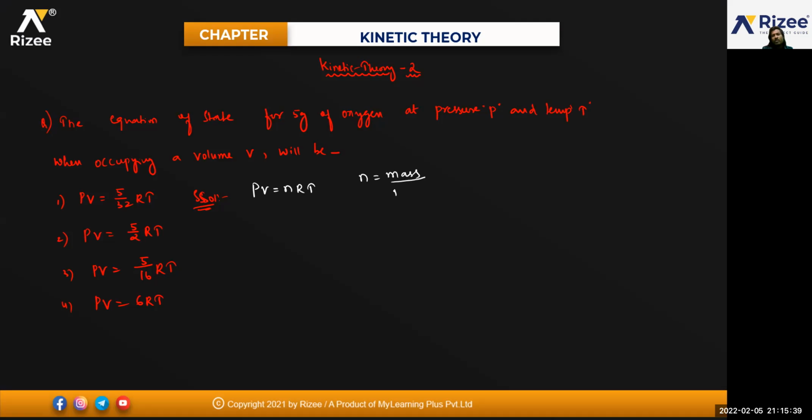Mass by molecular weight. Mass is how much for me? 5 grams. This will be equal to 32 grams. So this will be equal to 5 by 32. So P into V will be equal to 5 by 32 R into T. This will be the answer. First option will be the answer.